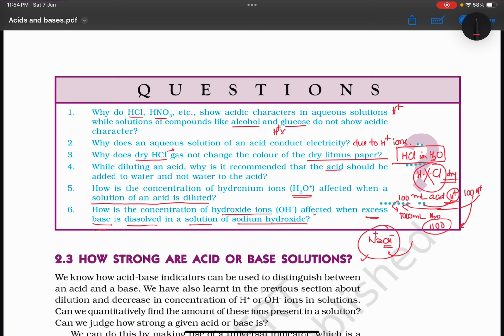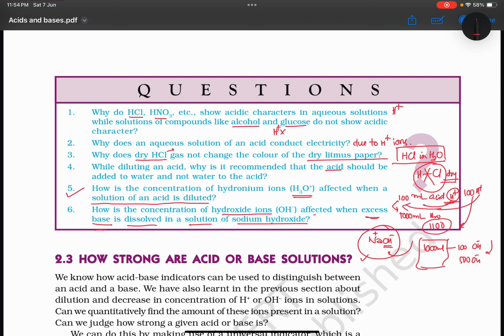So obviously now the reverse case. For example, 1000 ml contains, let us say, 100 OH minus ions for easy understanding purpose. And again you are adding some 500 OH minus ions. So definitely what happens? Volume is same, into the same 1000 ml you added extra. So concentration increases. That means you are doing concentrated. Okay, now diluted is converted to concentrated.